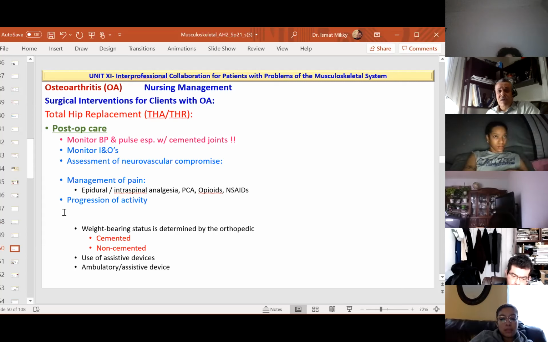And then post-op activity. On the first day post-op, the patient will be out of bed with the assistance of the PT specialist.